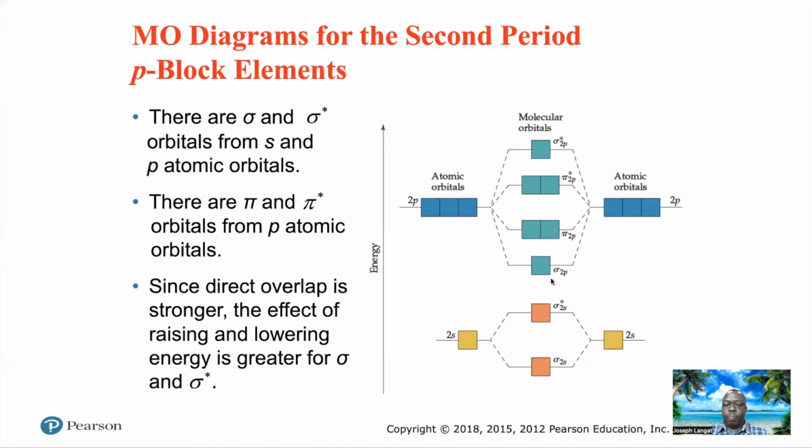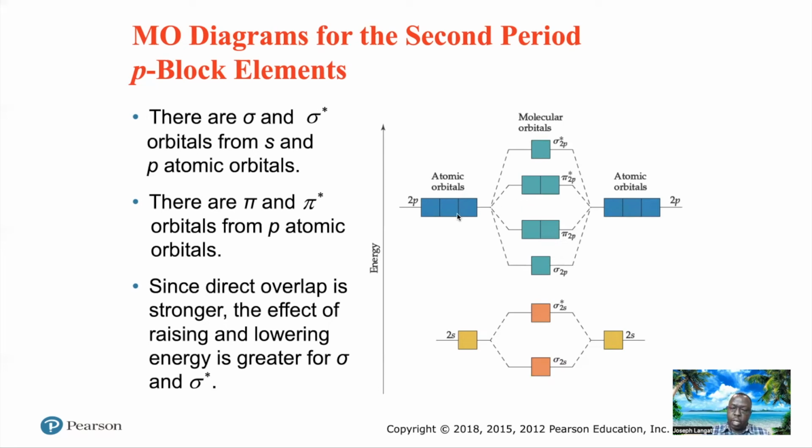Now for 2p, this is the arrangement of molecular orbitals. If you look at the atomic orbitals, 1, 2, 3, 4, 5, 6. 1, 2, 3, 4, 5, 6. This is how molecular orbitals are arranged, and the electrons will occupy from the lowest to the highest energy level.